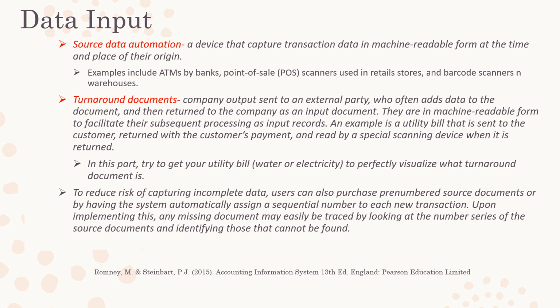So users can also purchase pre-numbered source documents, or have the system automatically assign a sequential number to each new transaction. So upon implementing this, any missing document may easily be traced by looking at the number series of the source documents and identifying those that cannot be found, because we want to make sure that the data encoded in the system are reliable, accurate, and complete.